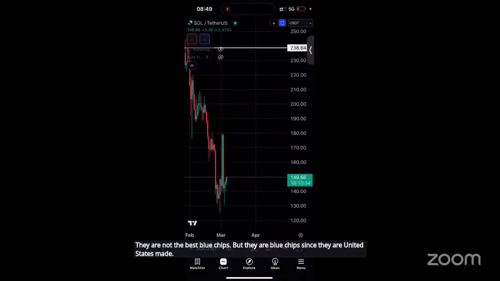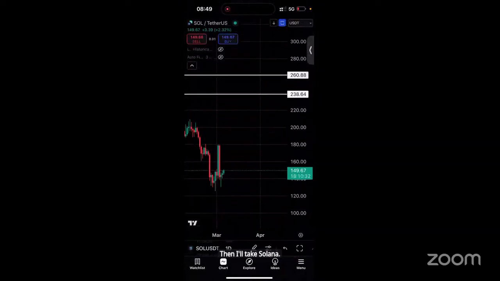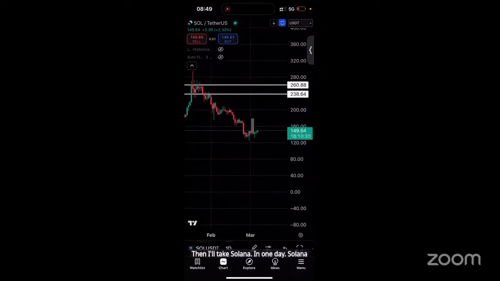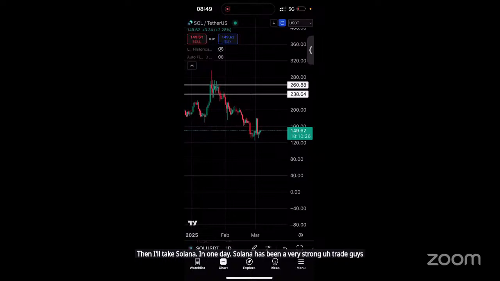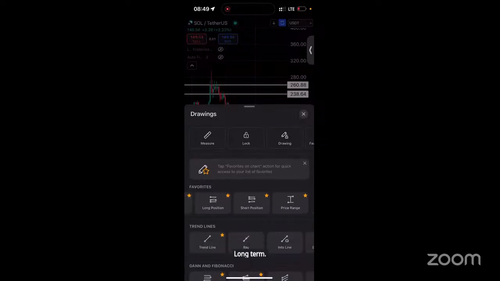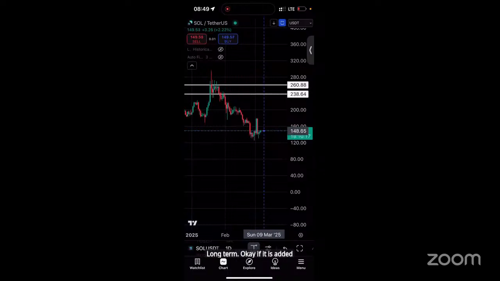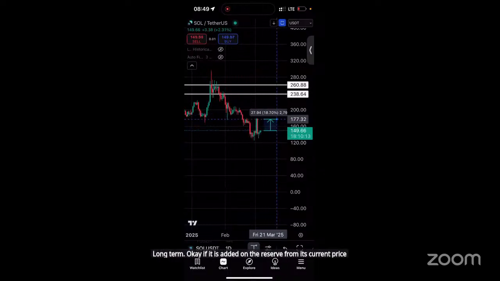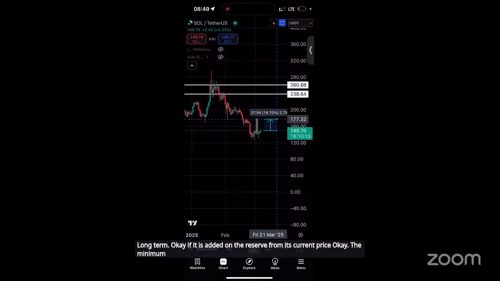Then I'll take Solana on the 1 day. Solana has been a very strong trade, guys, just recently because of retracement. If we look at it with a long-term mindset, if it is added to the reserve, from its current price the minimum could be another 15%. That is minimum performance.